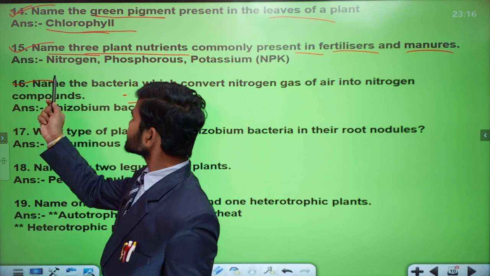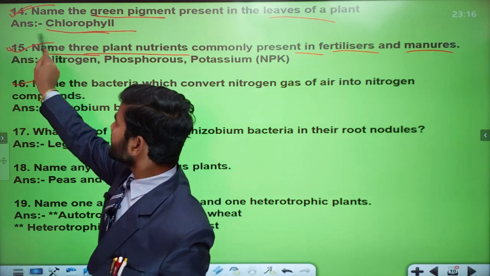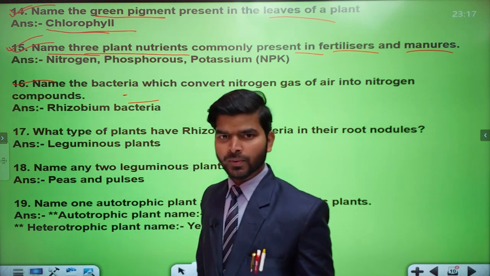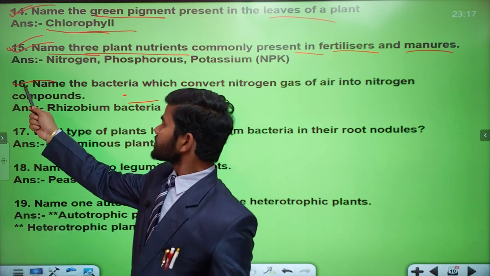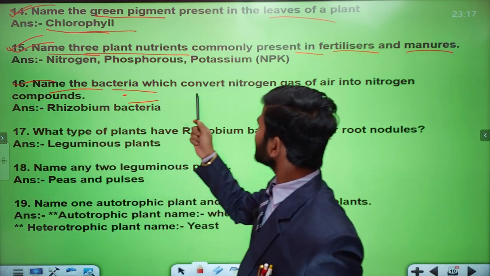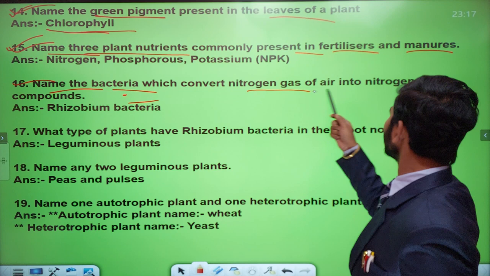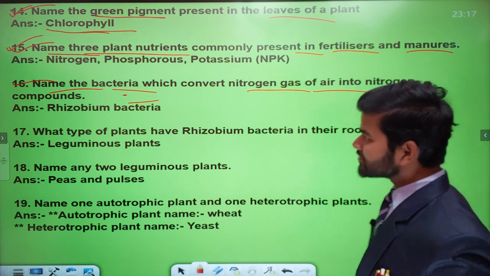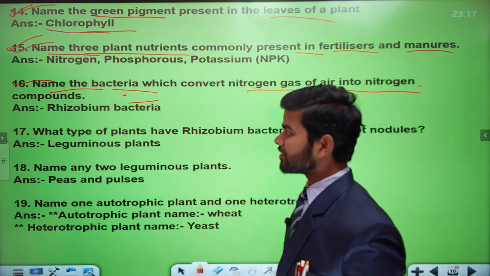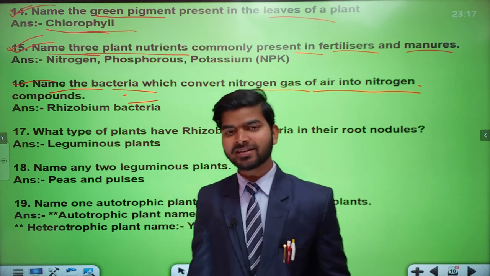The question number 16. This question is completed. Do you have any doubts? Question number 16: name the bacteria which convert nitrogen gas of air into nitrogen compounds. Do you have any idea about this bacteria?